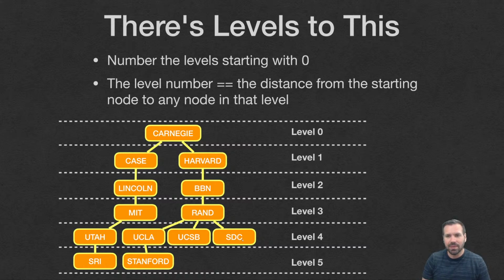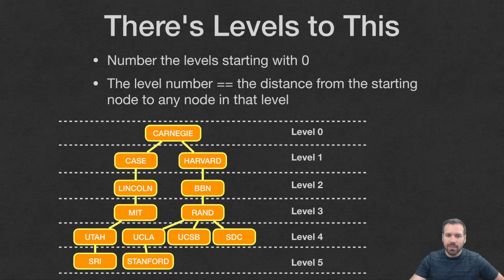It cannot happen. If it could, BFS is guaranteed to have found those shorter paths. So not only do we have the distance from the starting node to any node in the graph, but we actually have a shortest path from the starting node to each node just by traversing the edges in this tree.